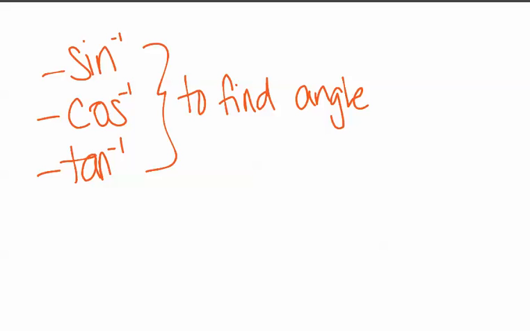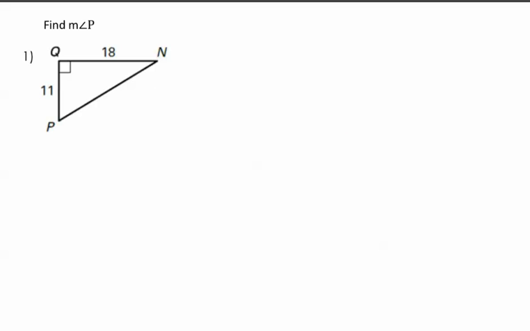If we look at example 1 here, we want to find the measure of angle P. So we're looking for the measure of this angle P right here. That is our unknown. We have two sides. In relationship to angle P, 18 is the opposite side and 11 is the adjacent side.